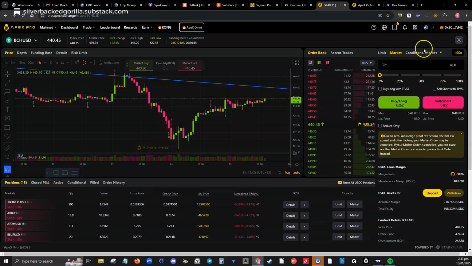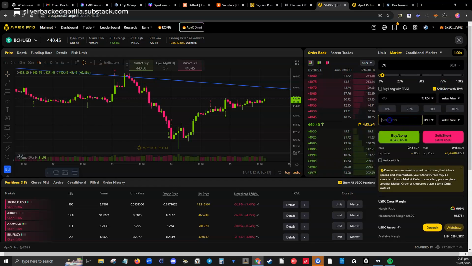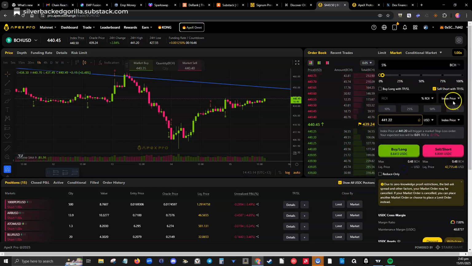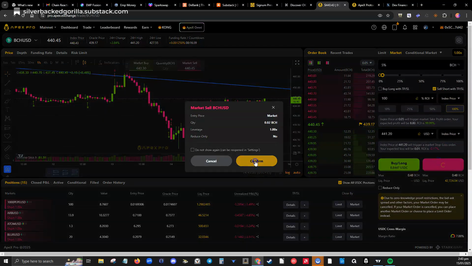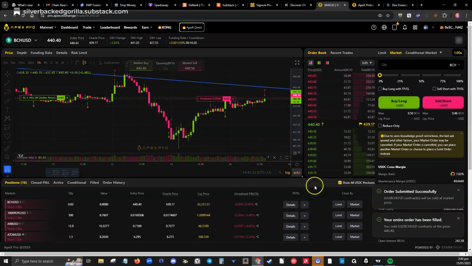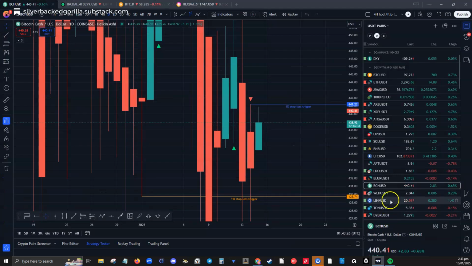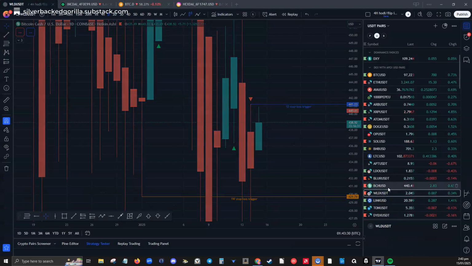We're going 1x, no leverage. Stop losses there. $8 on that one, so go short. I'll put that as red because I've got an active short there.